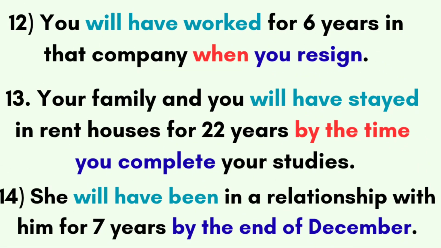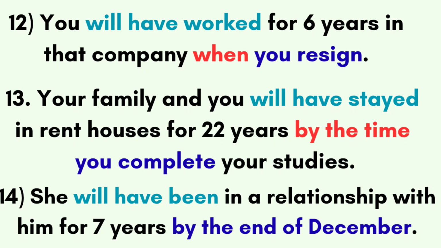Final 3 examples. You will have worked for 6 years in that company when you resign, which means you decided that you are going to resign from your company. Here 2 actions are there. One is in present simple and the completed action is in future perfect tense.